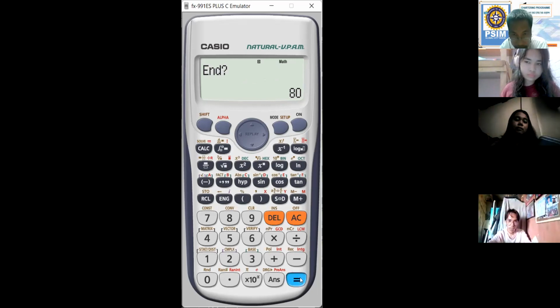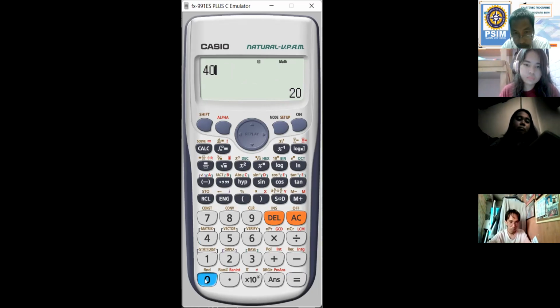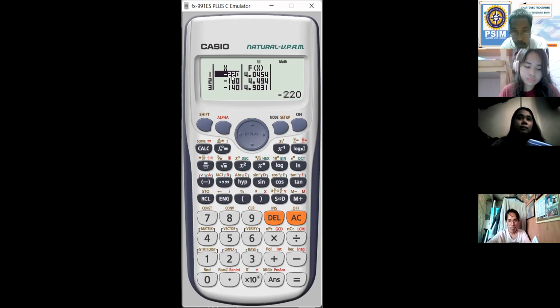And the step, we can use the step 40 here. Okay, and then we have the table. For negative 220 degrees Fahrenheit, what is the value of our prediction?